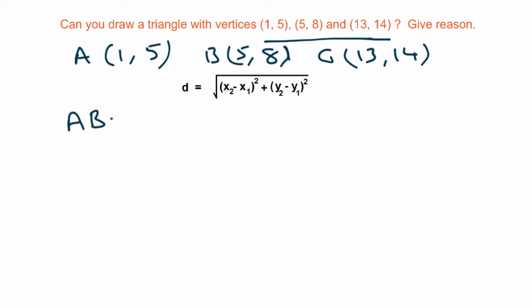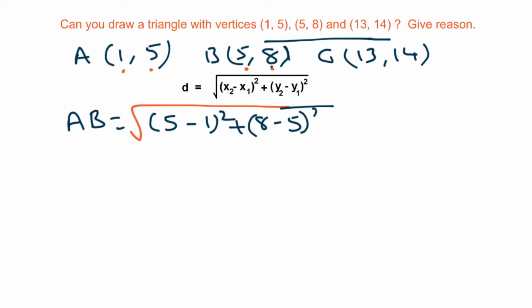AB is equal to, let us say this is x1, y1, x2, y2. So square root of 5 minus 1 whole square plus 8 minus 5 whole square. So 5 minus 1 is 4. 4 squared is 16, plus 8 minus 5 is 3. 3 squared is 9. So square root of 16 plus 9 is 25. Square root of 25 is 5.